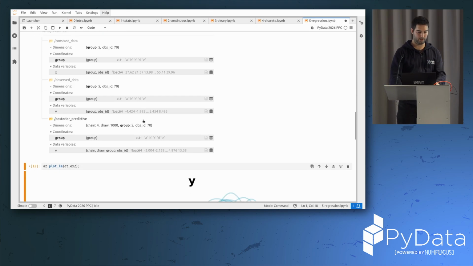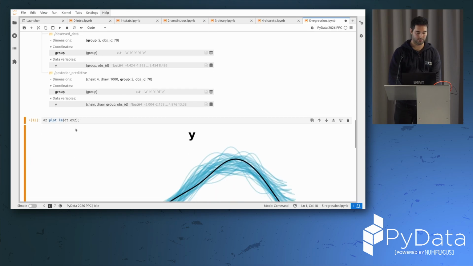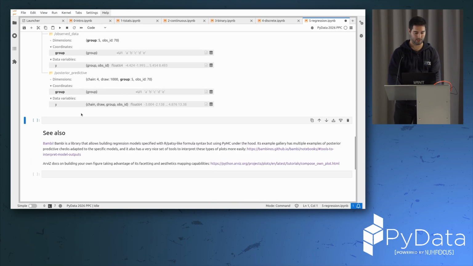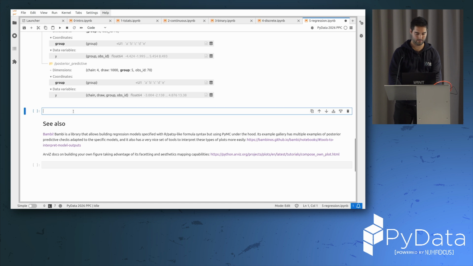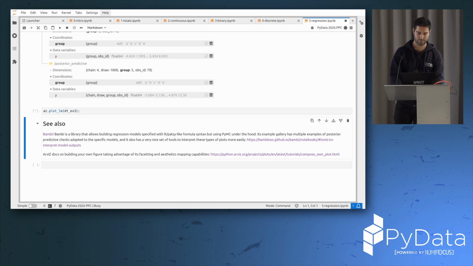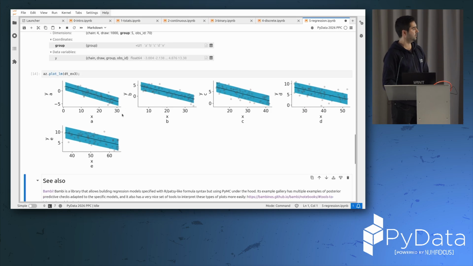And by default, what ArviZ will do is facet along the group dimension. So we now end up with 5 plots, 1 per group, where we compare the y of the A group to the x of the A group.